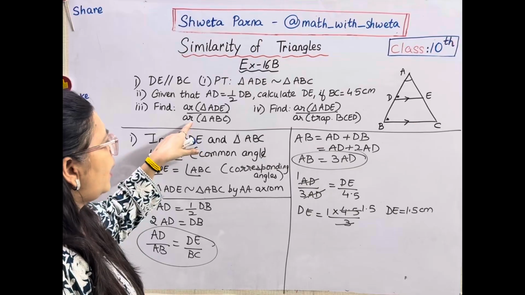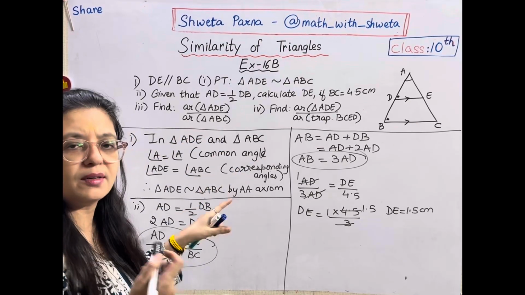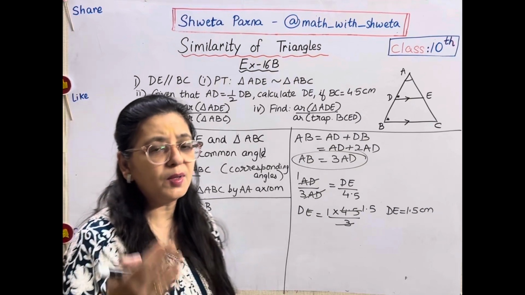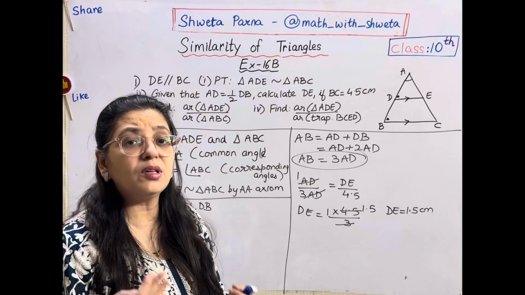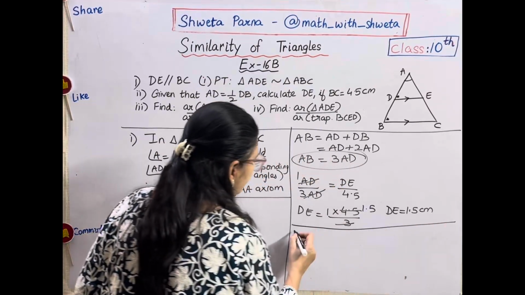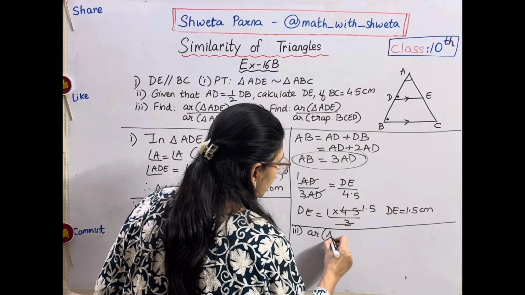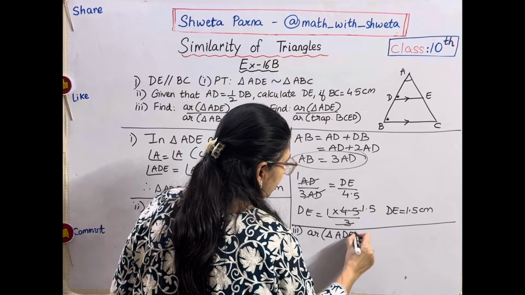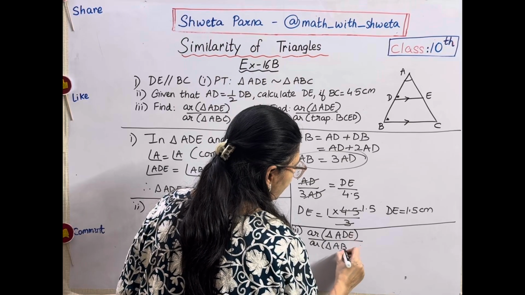Yes. Now the third part, you have to find the area of triangle ADE upon the area of triangle ABC. Since you have already proved that the triangles are similar, what was the theorem? The areas of two similar triangles are proportional to the squares of their sides. So the third subpart, area of triangle ADE upon area of triangle ABC.